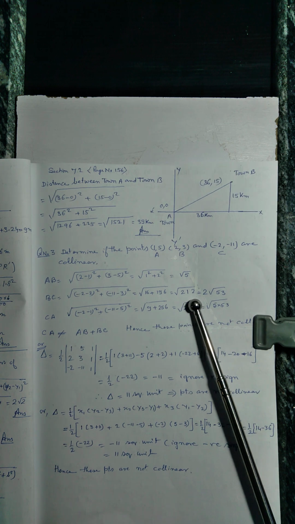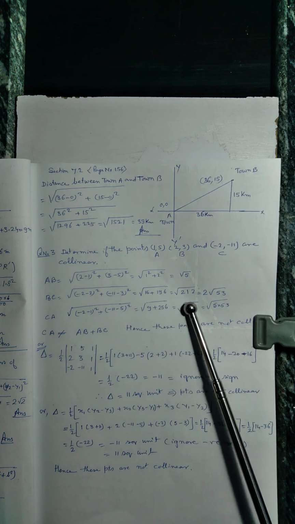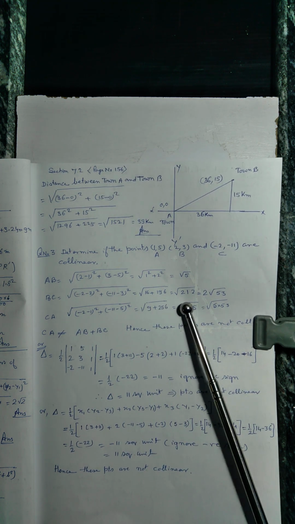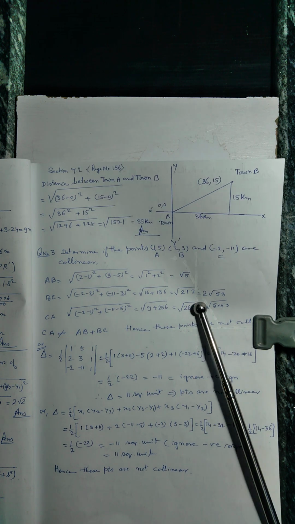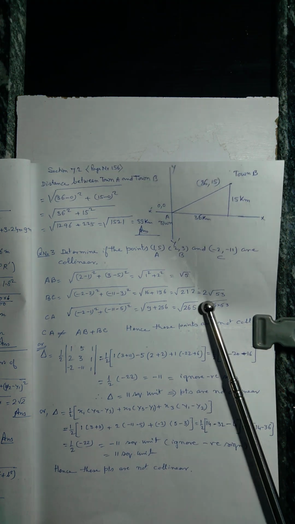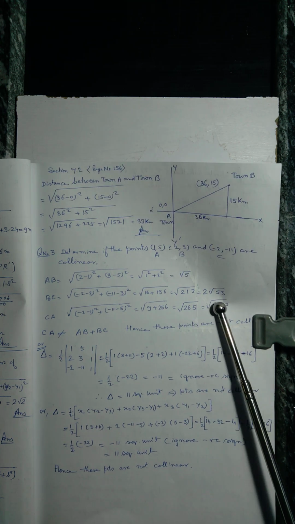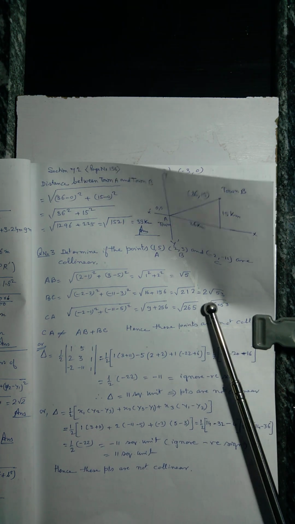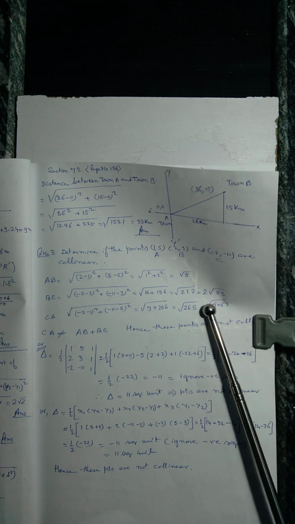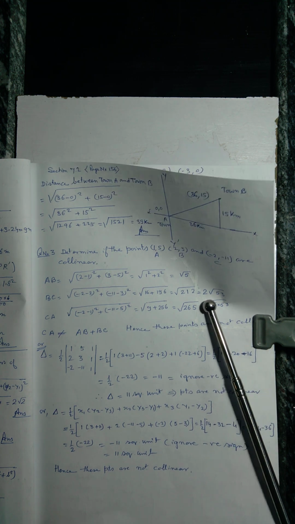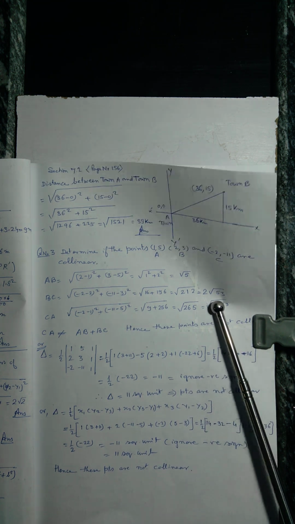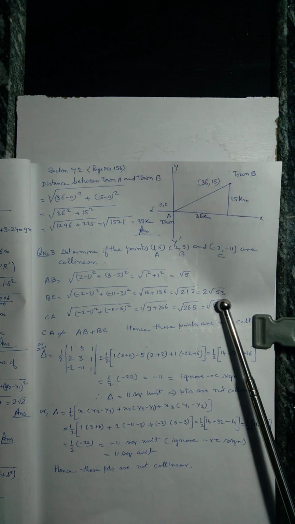After adding it, you will get root of 212, that can be expressed as 4 into 53. So the square root of 4 is 2. I have written 2 outside of the square root, and inside the square root I have written 53.